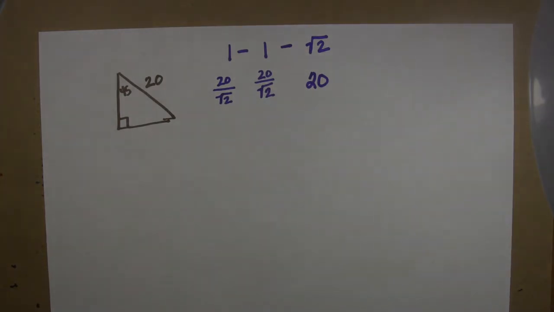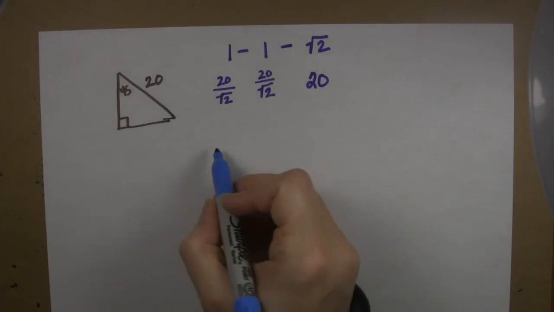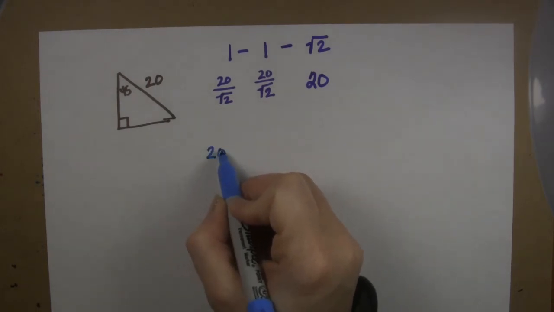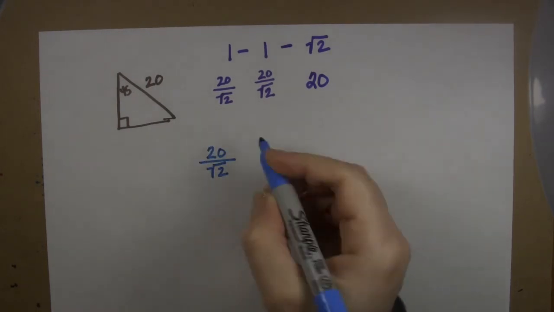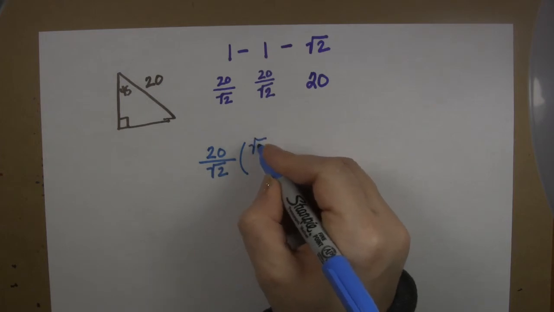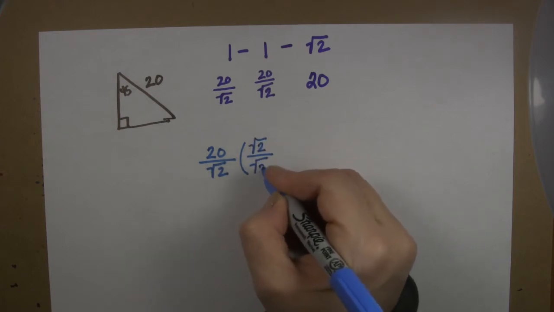Now, if you were dealing with someone who did not know any better, they might dare to leave their answer in that ugly form, because that is the correct answer. It's just unacceptable, really. Okay, so we're going to do 20 over radical 2, and we are going to multiply it by radical 2 over radical 2.